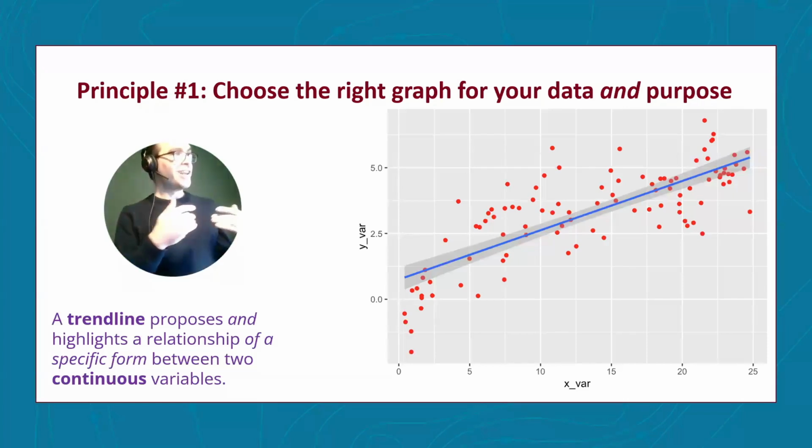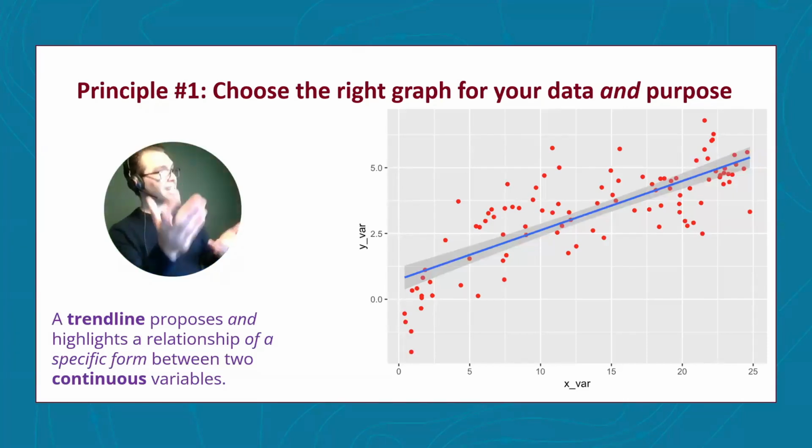In other words, it is showing either a hypothesis of a relationship or the result of some analysis that showed a potential relationship. If you are not proposing such a relationship or not trying to highlight one or argue that one exists, then it would be misleading and actually detrimental to include one on your graph. It would be at that point a distraction at best.